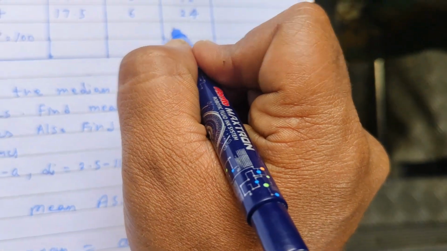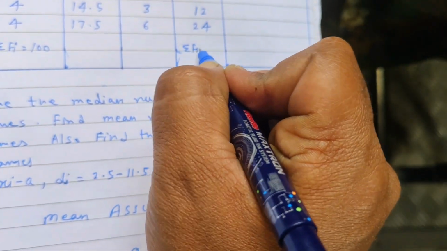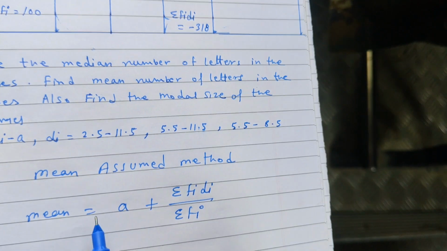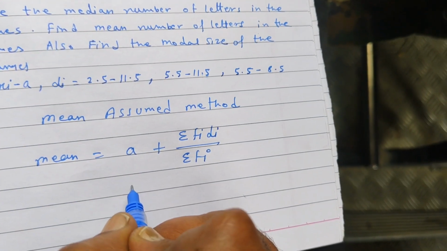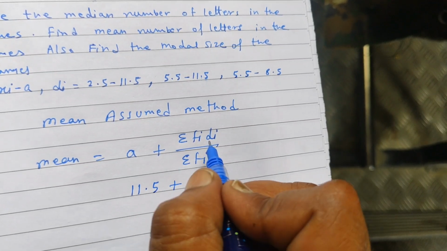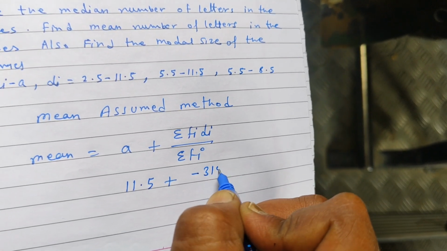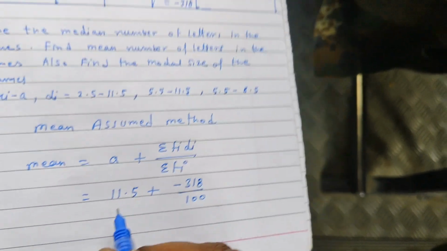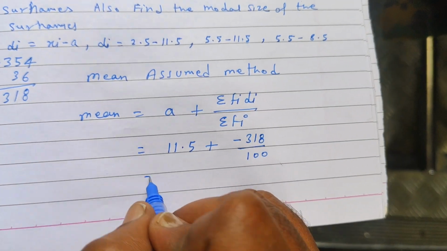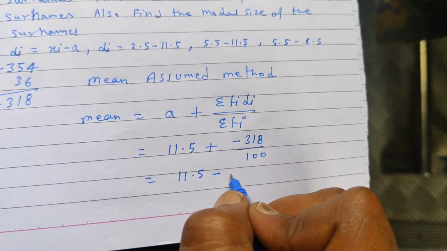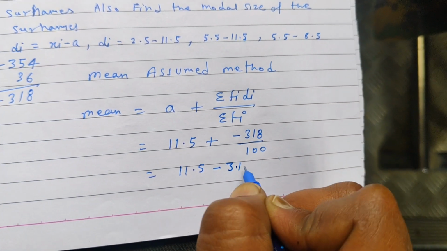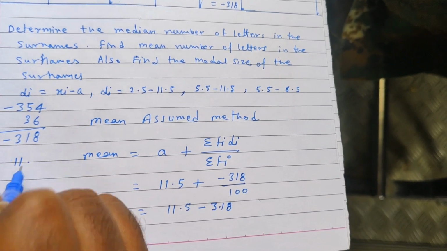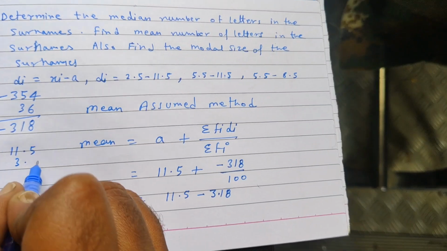Here summation fi di is minus 318, and A is 11.5, summation fi is 100. So mean is equal to 11.5 minus 3.18.